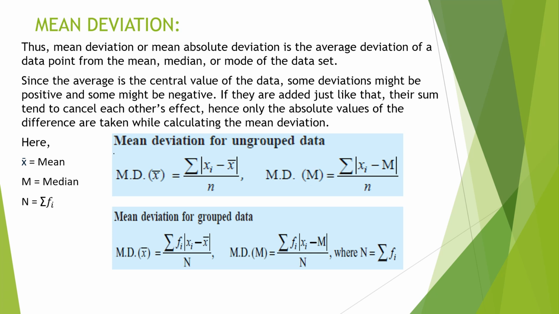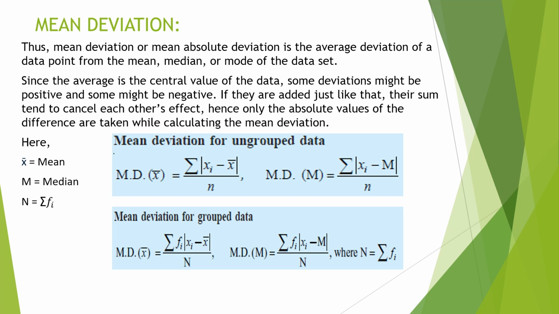The formula over here is the mean deviation formula for ungrouped data. Again, mean deviation can be either the deviation from the middle value, which is the mean, or the deviation from the middle value, which is the median.